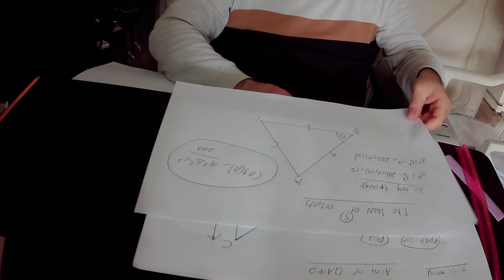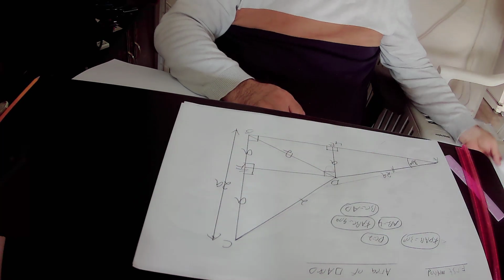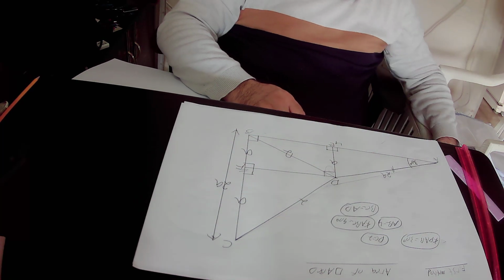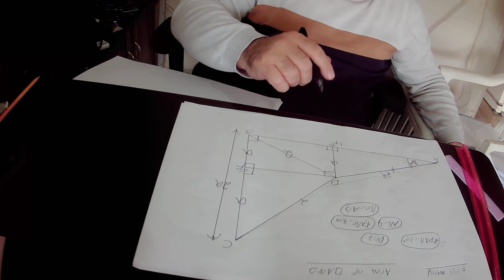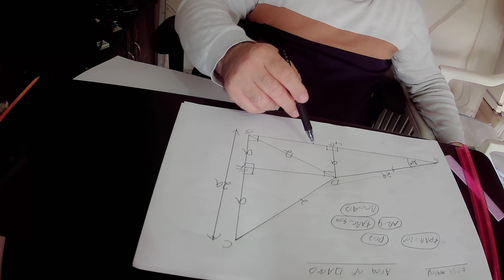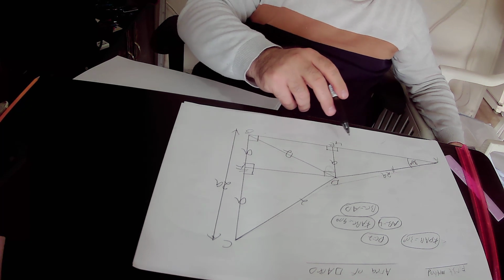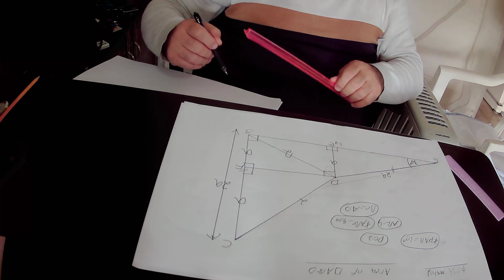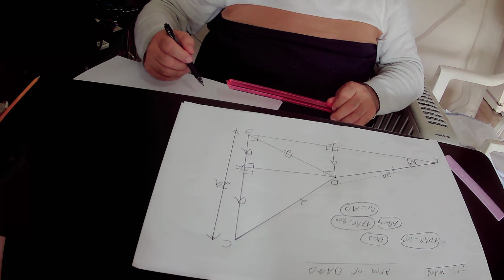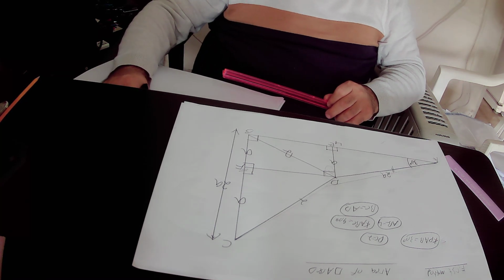So we actually can implement the law of cosines in our drawing, in triangle ADB. I will draw triangle ADB again, and we will implement the law of cosines in triangle ADB. Okay?